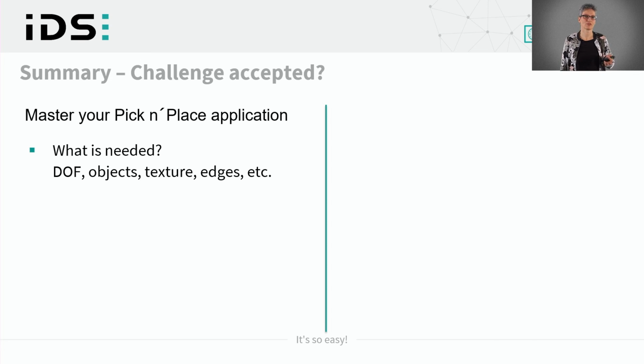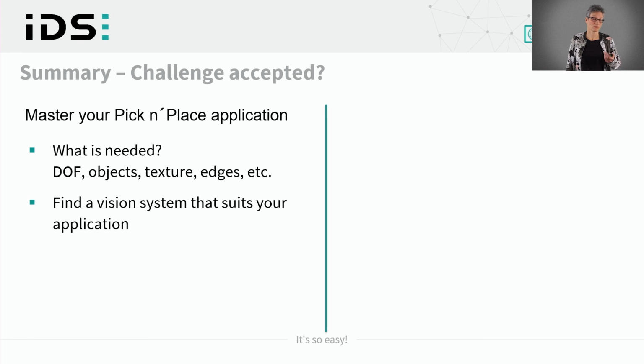How many degrees of freedom does your object have, and how many do you have to figure out? Are you interested in the surface of the object, maybe to do some defect detection or things like this? Then, depending on the results of your investigations, you find the vision system that suits your application.